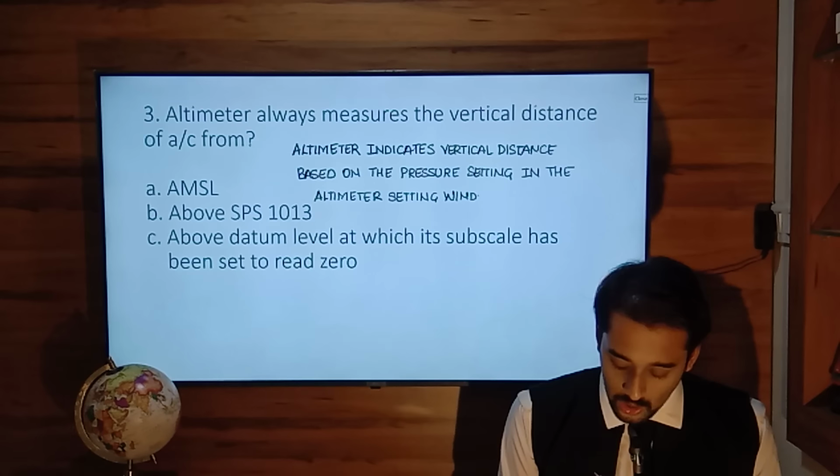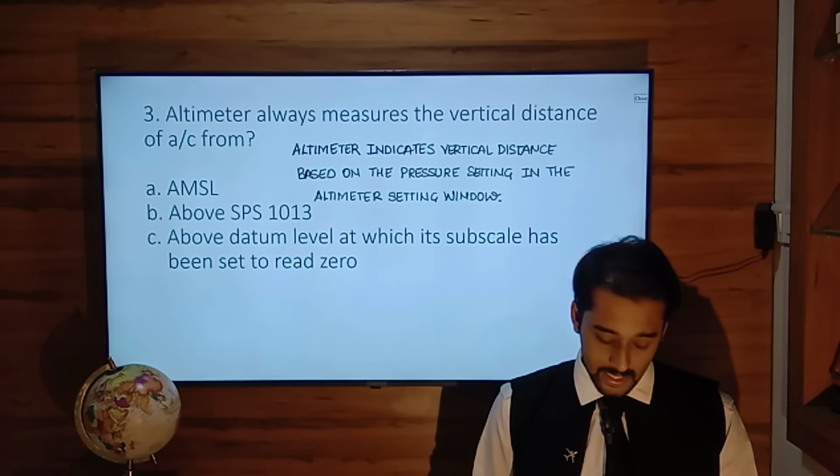Okay, based on the pressure that you put in the pressure setting window.